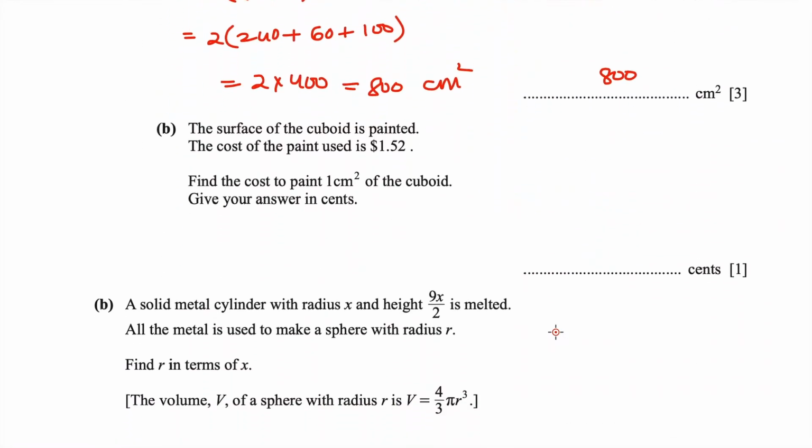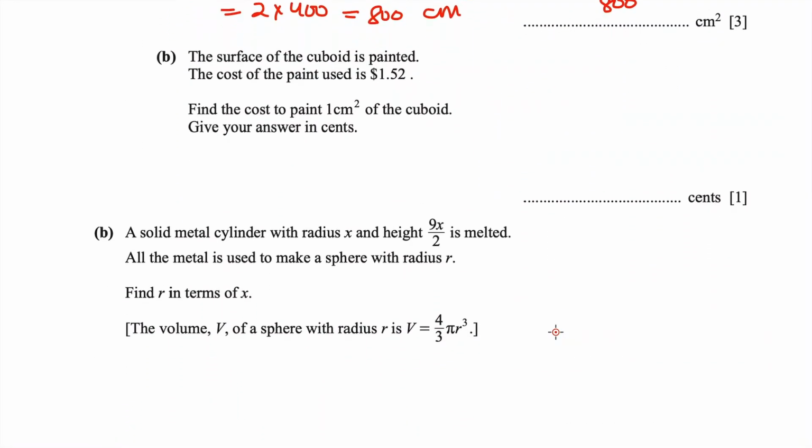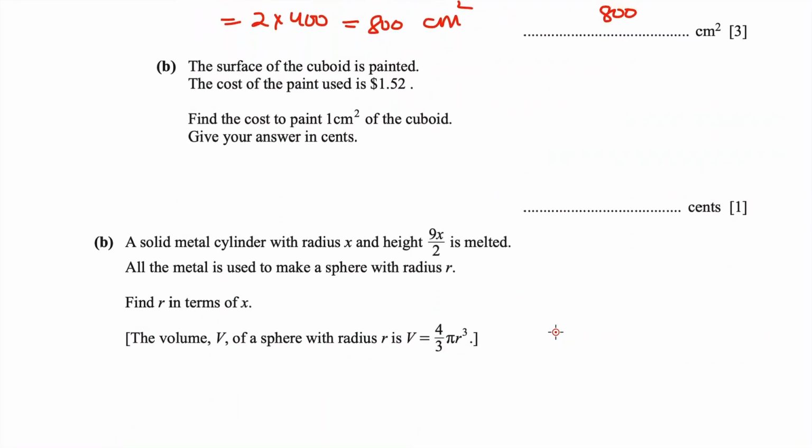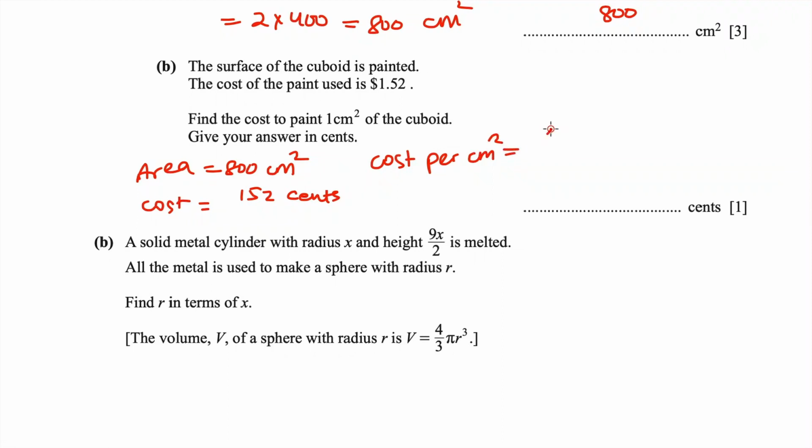Now let us come to the B part. The surface area of the cuboid is painted. The cost of the paint used is $1.52. Find the cost to paint 1 centimeter square of the cuboid. Give your answer in cents. So the area is 800 centimeter square and the cost is 152 cents.